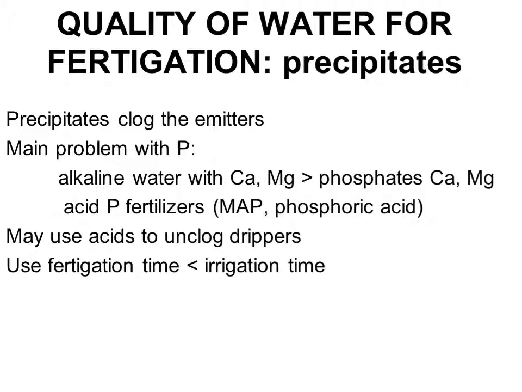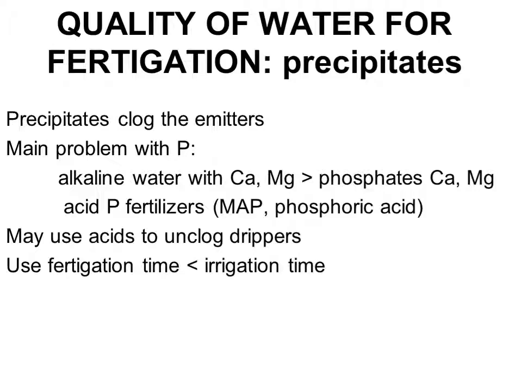As we said, the precipitates have the problem of clogging the emitters, and the main problem is related with phosphorus. That is why it is simpler to put phosphorus before the crop as a basal fertilizer and then add only nitrogen and potassium with fertigation.